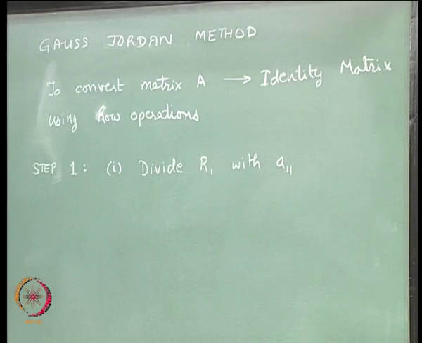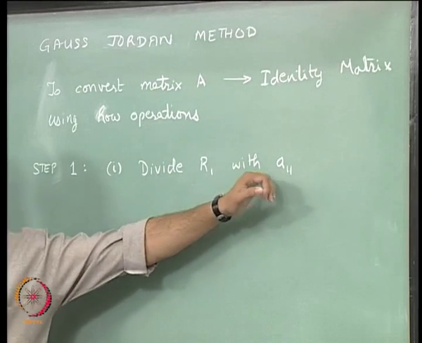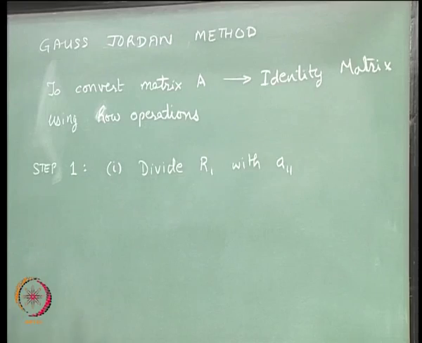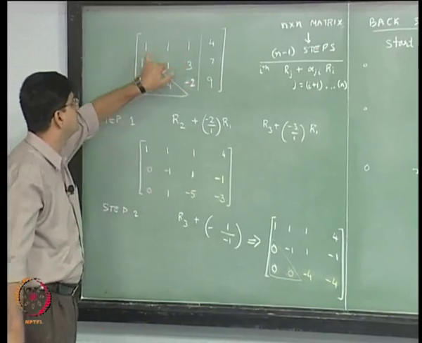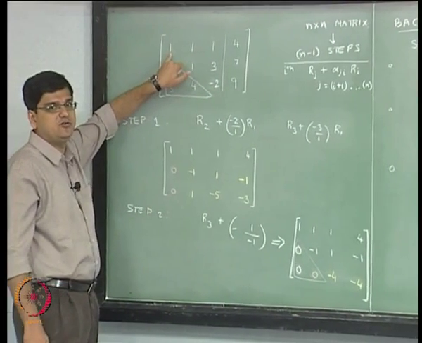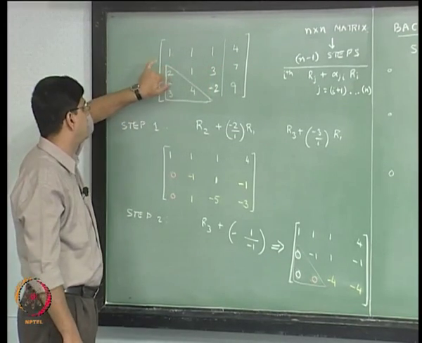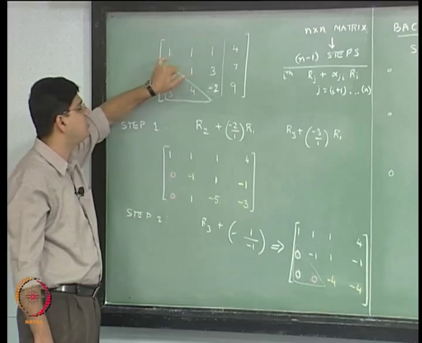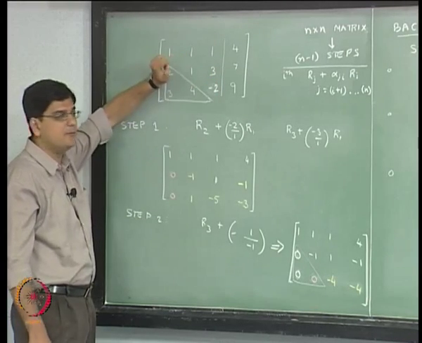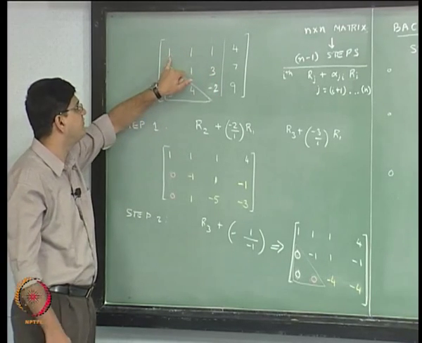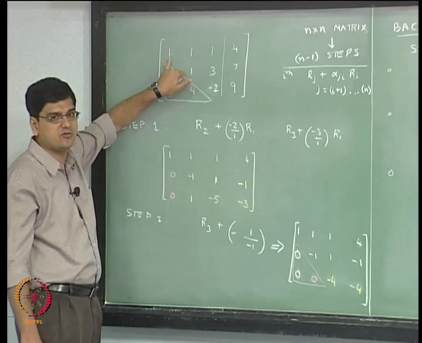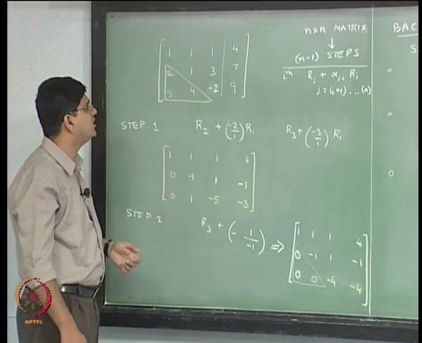So we divide the entire row with A11 so that the A11 element becomes equal to 1. In this particular example, this entry was already equal to 1, so we do not do any row operation explicitly in the first step, because we already have this equal to 1. If we did not have this equal to 1, we would have done the division.